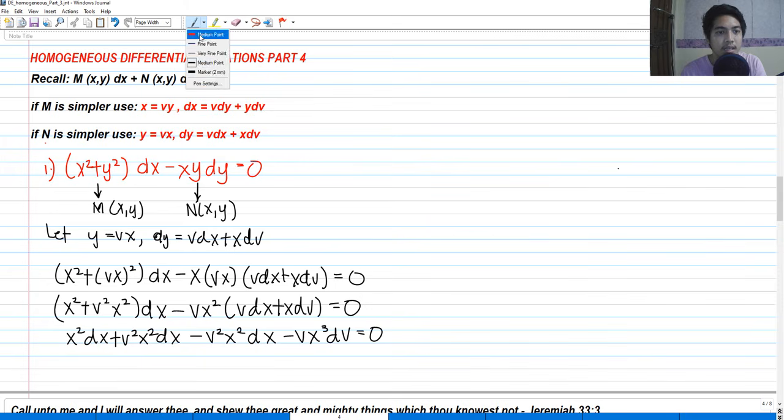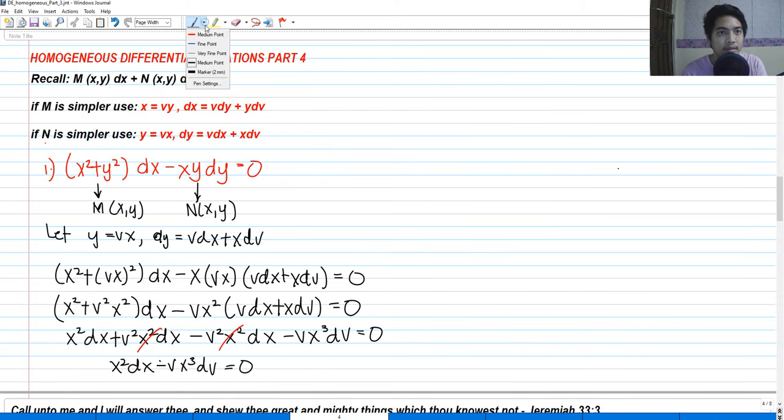And as we can see, v squared x squared dx positive minus v squared x squared dx would cancel, so that we are left with x squared dx minus vx cubed dv equals 0.